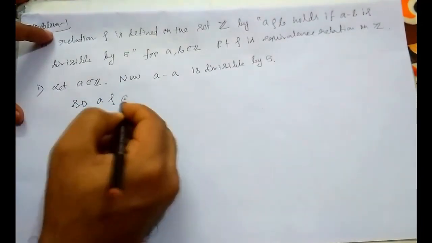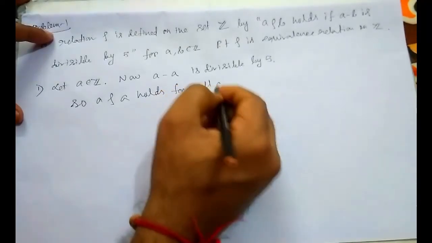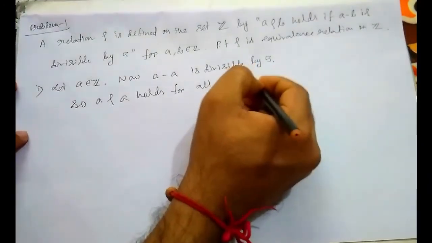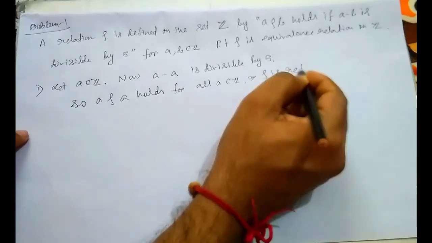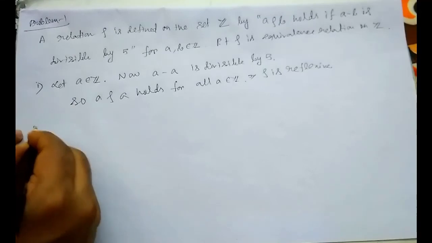So a rho a holds for all a belonging to Z, because whatever a is, a minus a is 0 and 0 is divisible by 5. This implies that rho is reflexive.